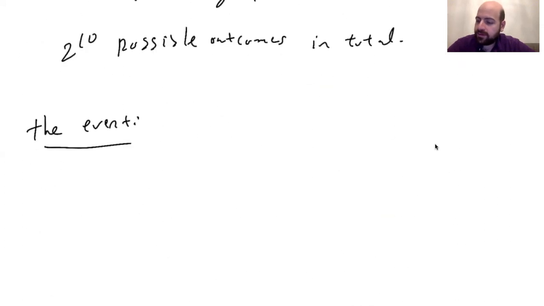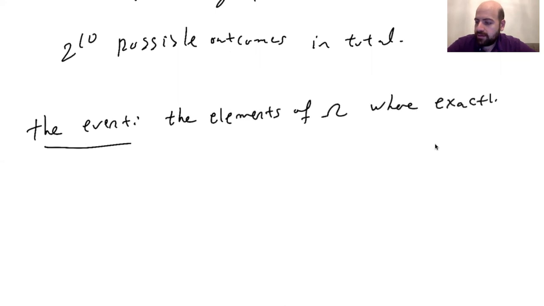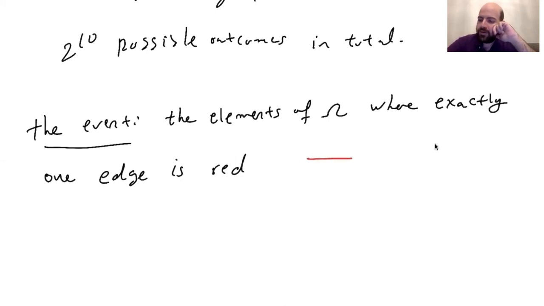So the event is the elements of omega where exactly one edge is red. So, for example, if I want to show one of them to you, see, this is one of them, for example.